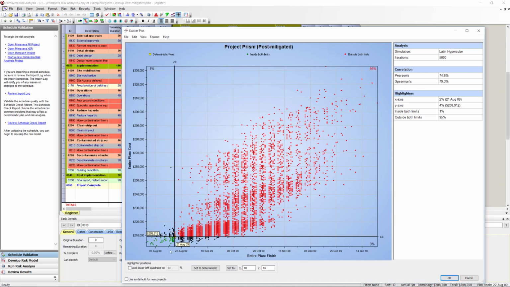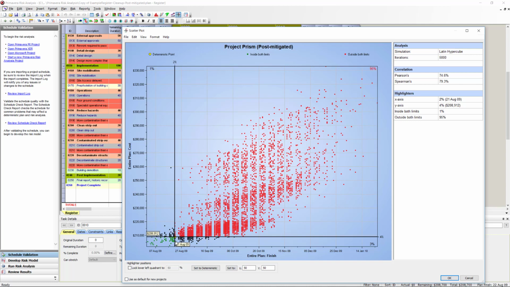This date that he committed to, August 21st, he only has a probability of 2% to meet that date. Okay? He only has 2% to finish on or before August 21st. That is what our risk analysis tells us.